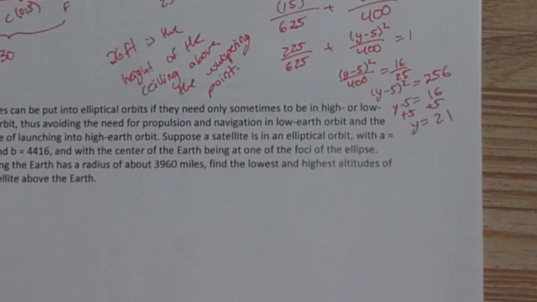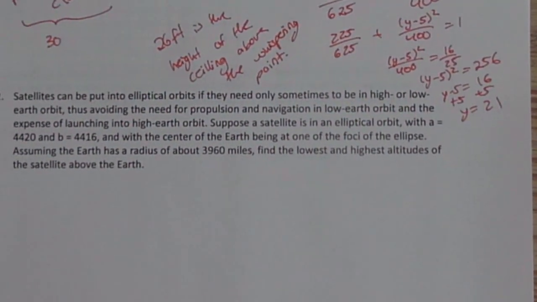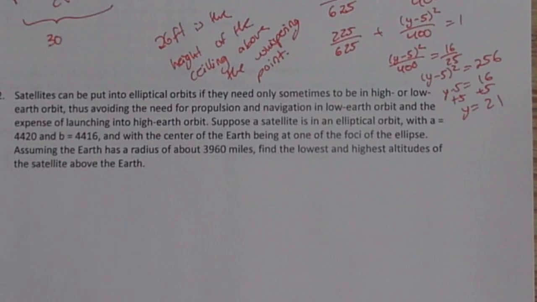All right, number 2, we have a satellite that can be put into elliptical orbit, sometimes to be in high or low Earth orbit, thus avoiding the need for propulsion in navigating low Earth orbit and the expense of launching into high Earth orbit.